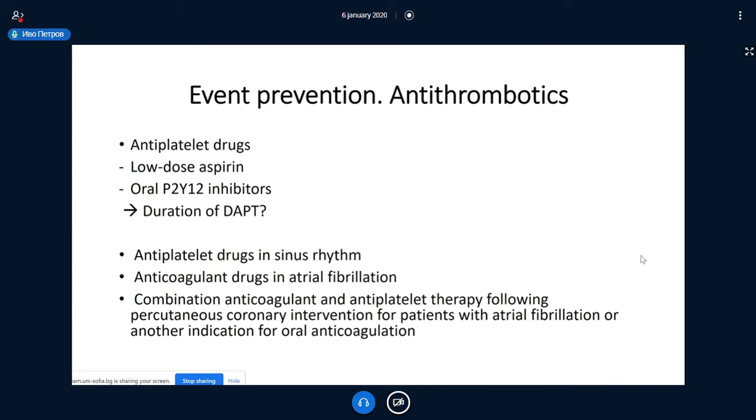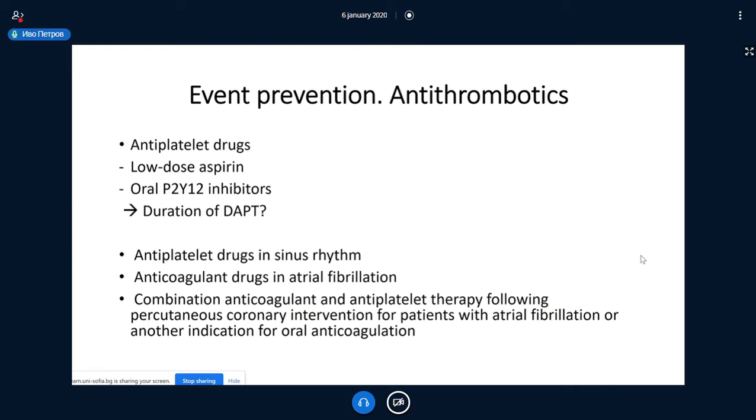In ischemic heart disease, the most awful clinical event is myocardial infarction. So, which are the medications that are reducing the probability of myocardial infarction?